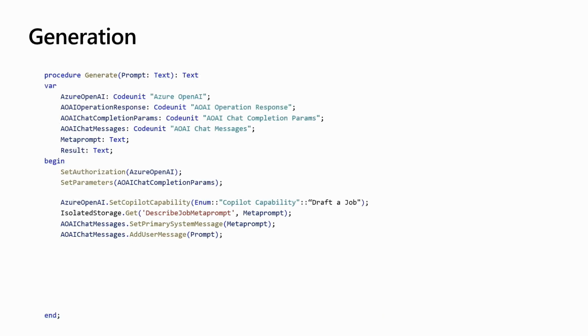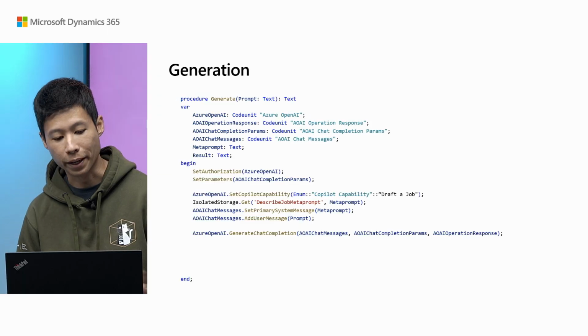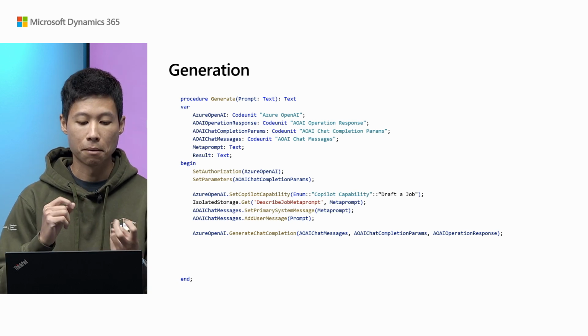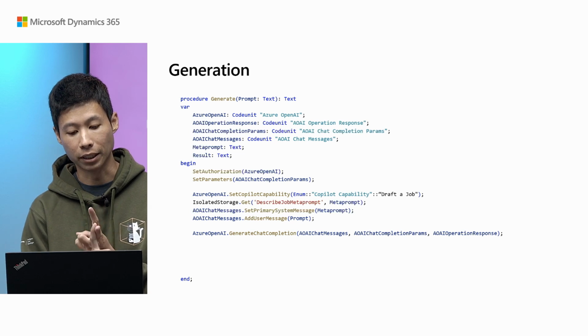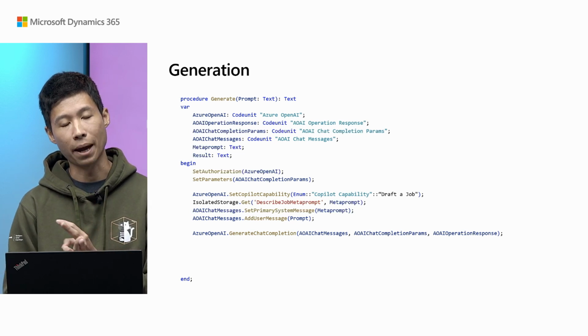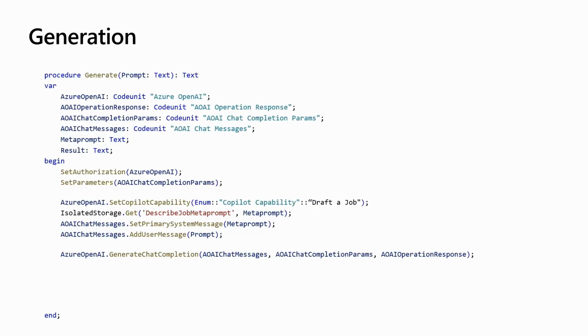So now if we go back to the code, once I've set my meta prompt, I want to add the actual prompt that my user has written in. And from there, I can call my generation now: Azure OpenAI generate chat completion. I put in my chat messages, my parameters that I changed, and the operation response so that I can get back whether this was successful or not.